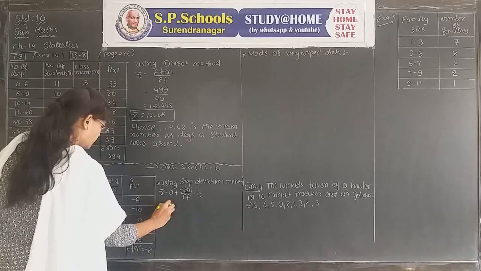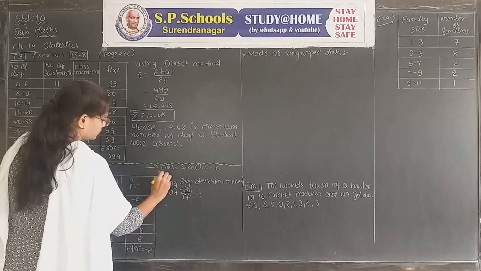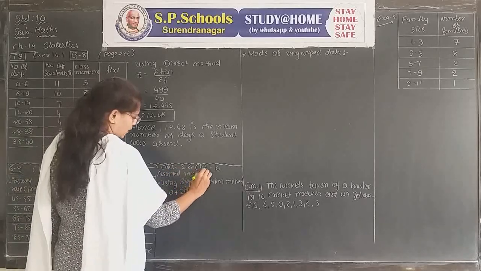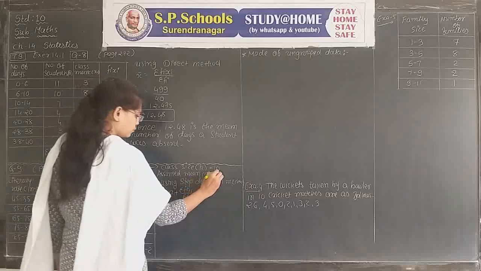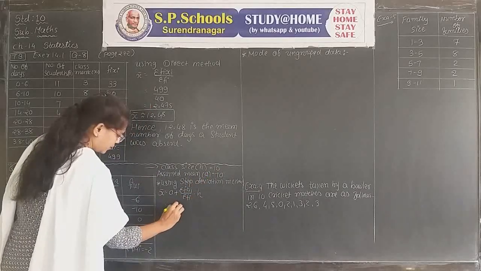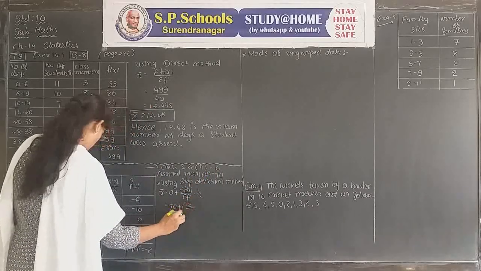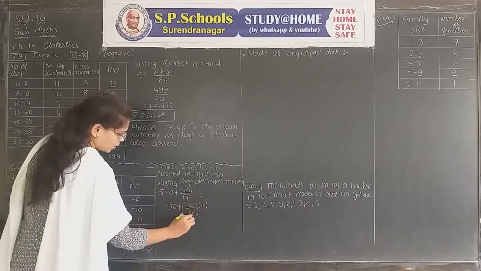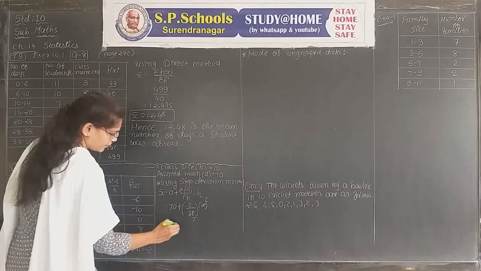Where A equals the assumed mean, x bar equals 70 plus sigma Fiui upon sigma Fi, minus 2 upon 35, and the class size is 10.